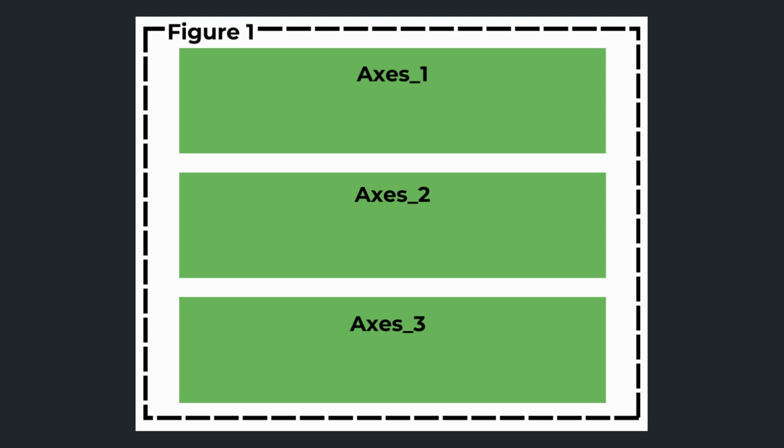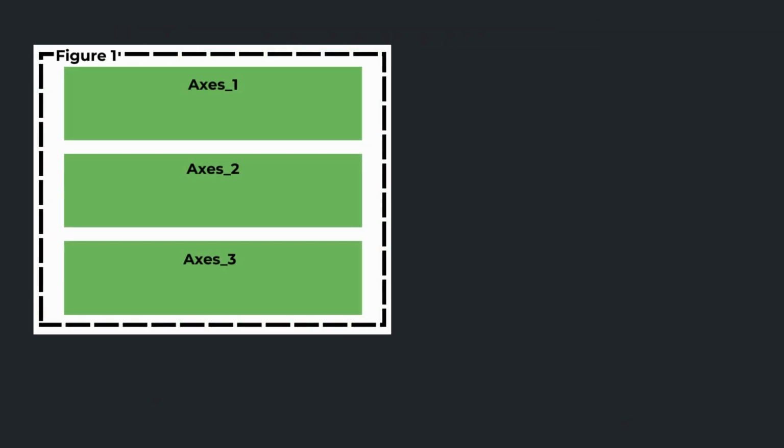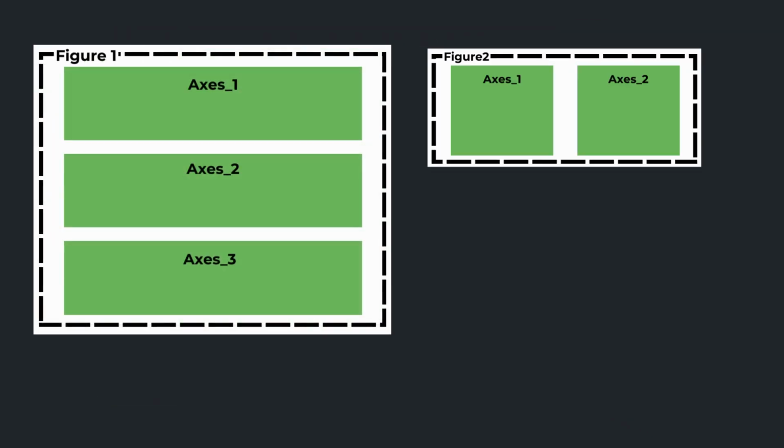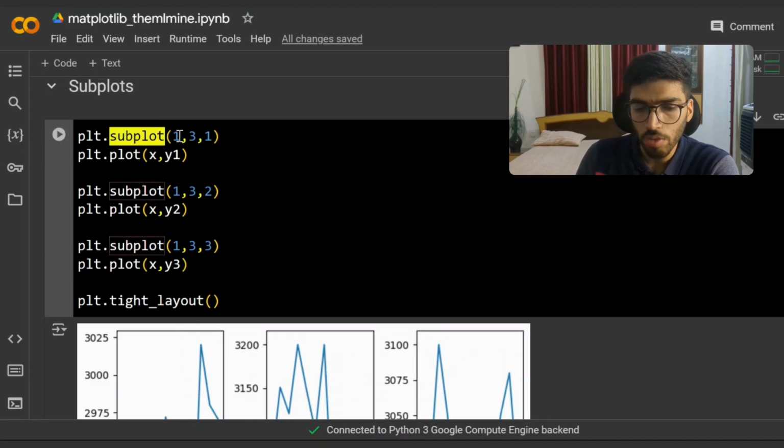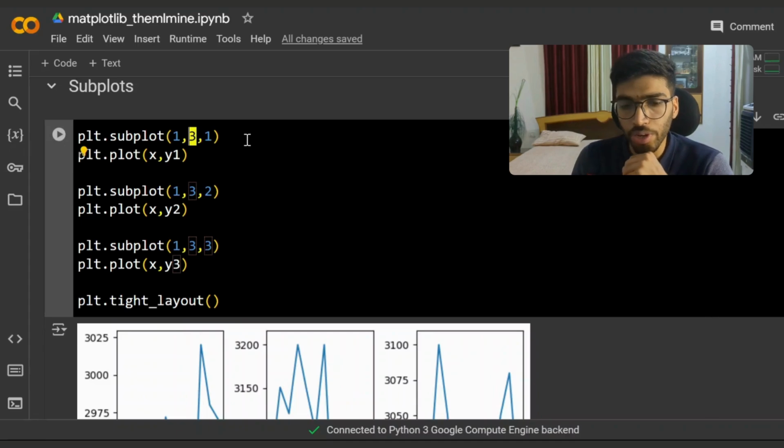Now I can also explicitly create another figure object and add multiple axes objects inside that figure. And similarly, I can handle multiple figures and axes using these objects. Now if you try to understand, when I use this .subplot function with one row and three columns, it generated three axes objects and arranged them horizontally.